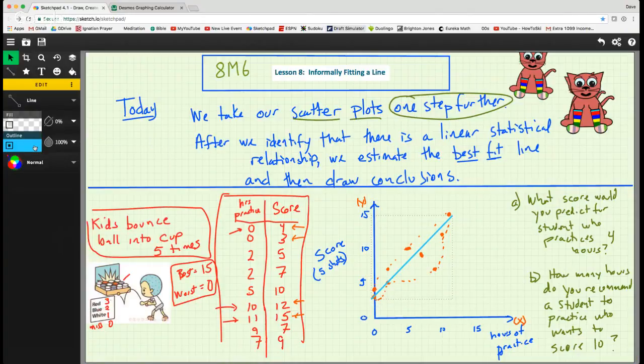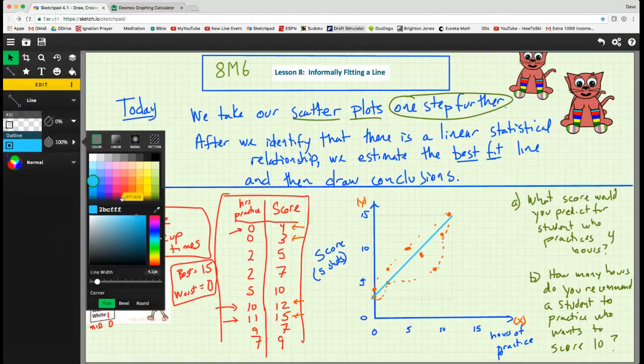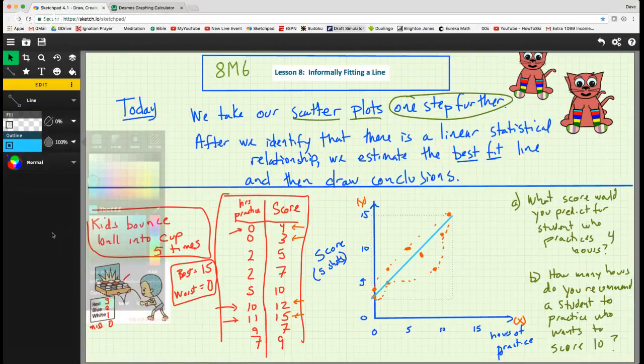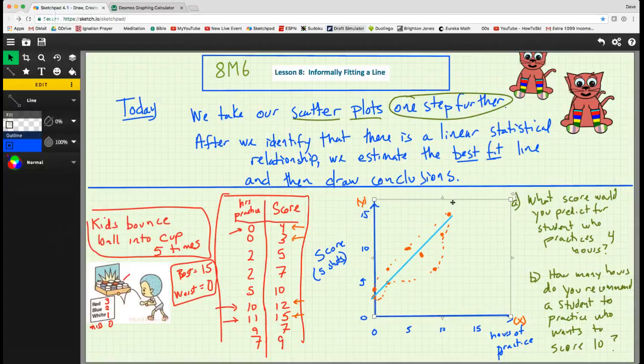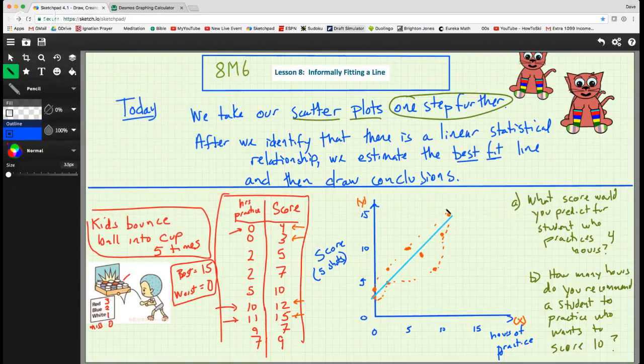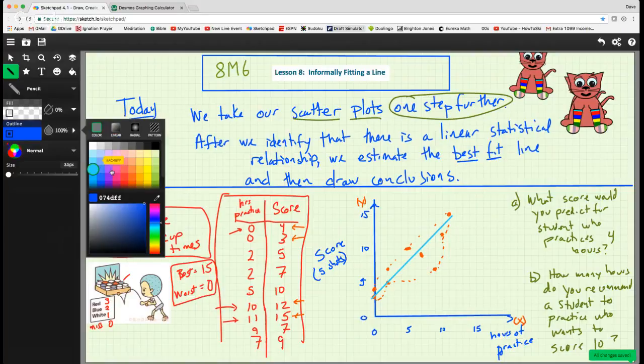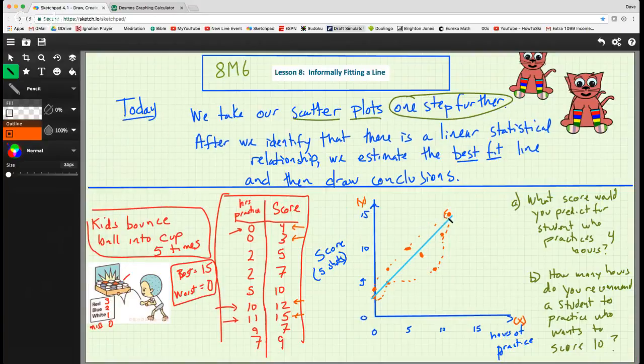So let's look here at our line, and let's look at our points. We'll notice that we have a point that's above the line, another one above the line, another one above the line, another one above the line.